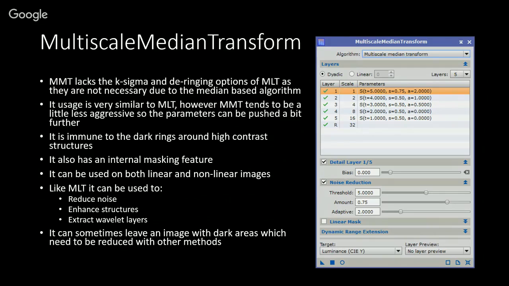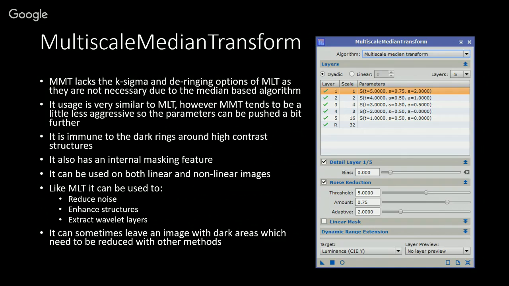So you don't need a de-ringing option. It doesn't need the K-sigma thresholding because the way it calculates the noise is different than what MLT does. So those options aren't necessary, so they're dropped. It still has the dynamic range extension and the linear mask, identical to the other one. Everything else is the same. The only real difference is instead of iterations, you have an adaptive slider.